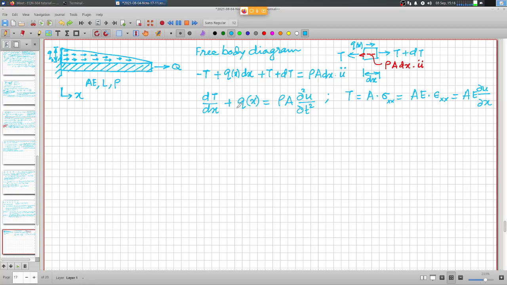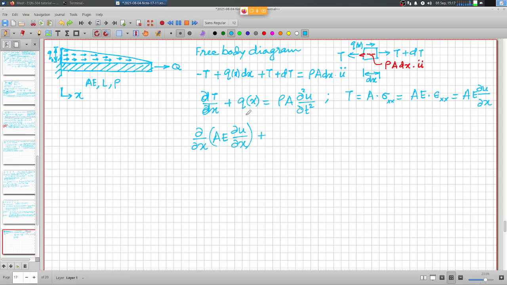So this T can be substituted in this, and we will have del over del x of AE del u by del x. Okay, this will also be partial because we are considering time as a variable as well.